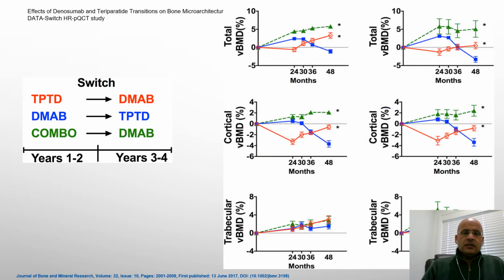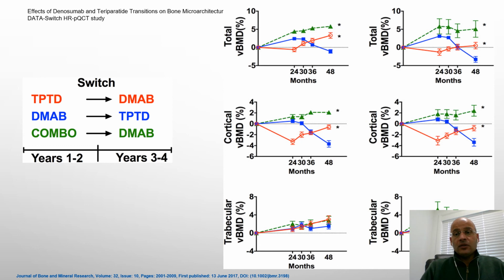Now in this study, they showed that when you start with teriparatide, anabolic, you switch over to denosumab, there is a gain of benefit in the BMD, and this actually was done with volumetric HR-pQCT. Now, when you start with denosumab and you switch over to teriparatide, particularly the trabecular bone and the whole bones, they start losing the bone density and they drop below the baseline.